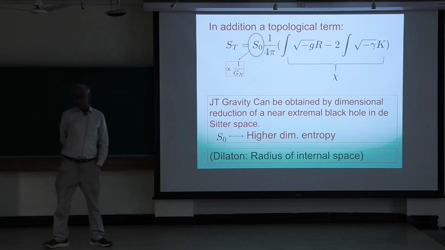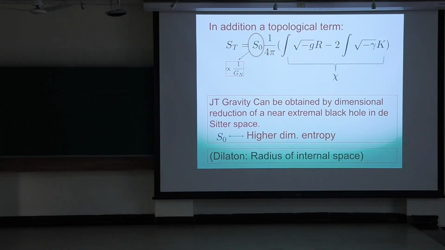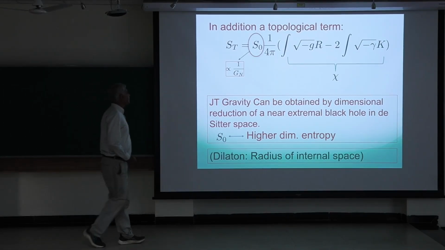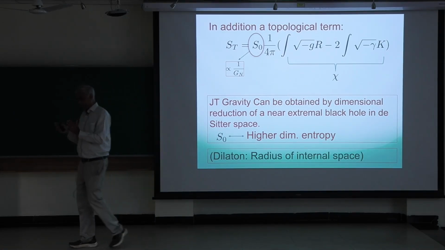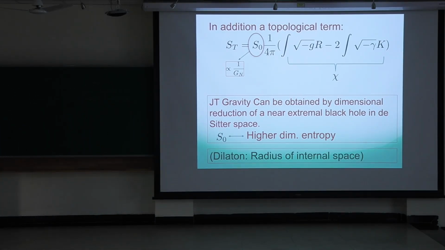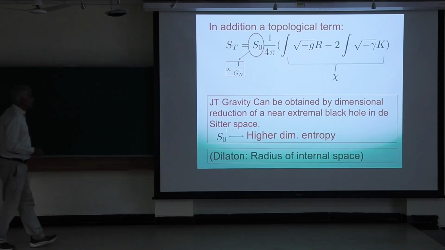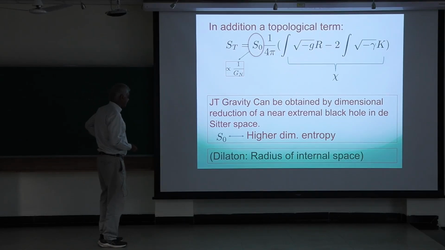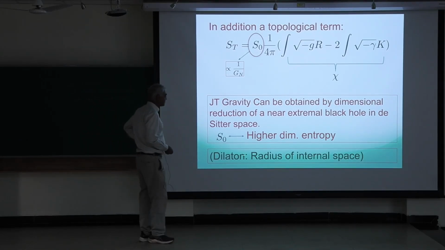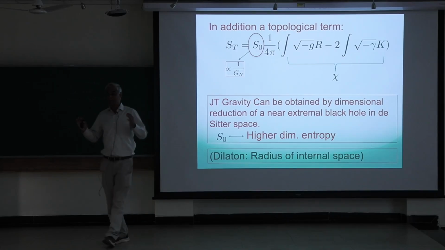So here by near extremal you mean the cosmological and the black hole horizon come together. So it's actually a Schwarzschild black hole, as you were saying. It's not a charged black hole, but even a Schwarzschild black hole in de Sitter has 2 horizons. You tune the mass to be close to the maximum, so to say, then you come to this limit. And if you think about it in terms of dimensional reduction, then this field phi, which I was referring to as the dilaton, is the radius of the internal space.